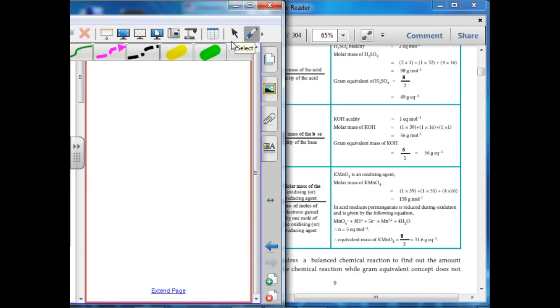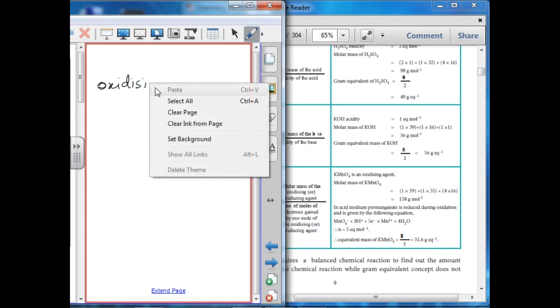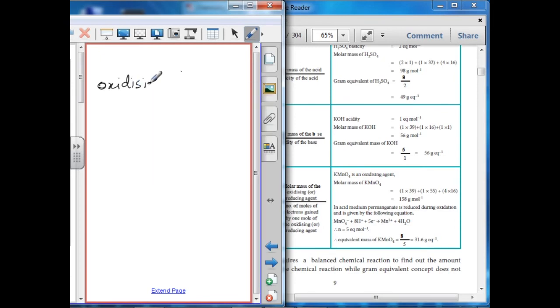Oxidizing agent means gain of electron and reduces in chemical reactions.